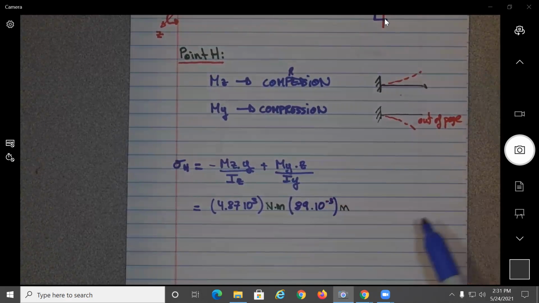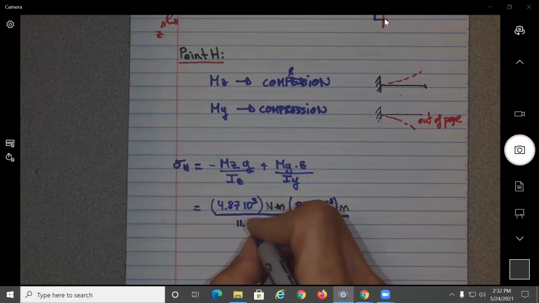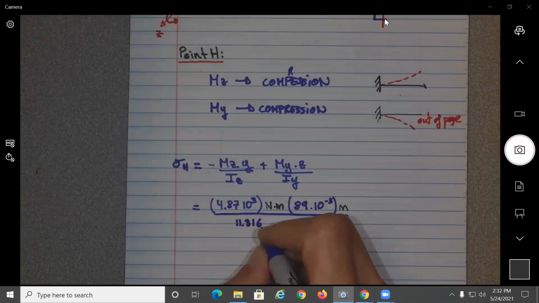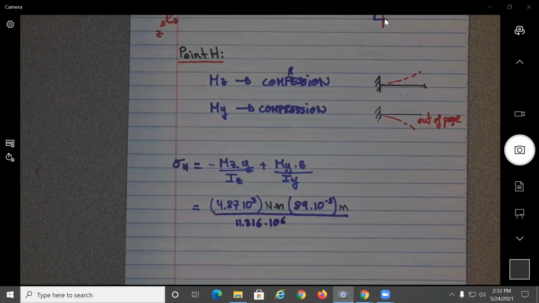Now be careful with this one, because Iz was equal to what? 11.316 times 10 to the 6 millimeters to the fourth, no?